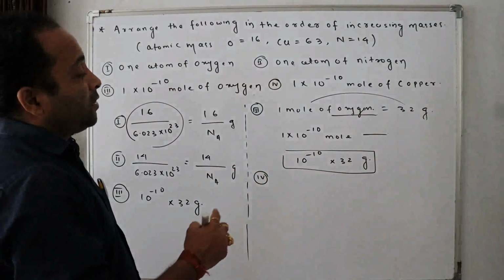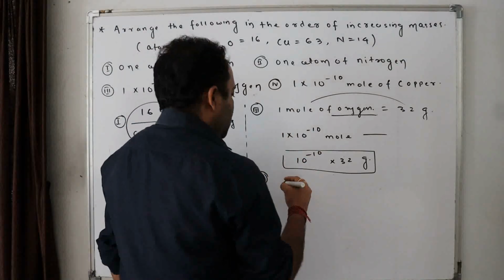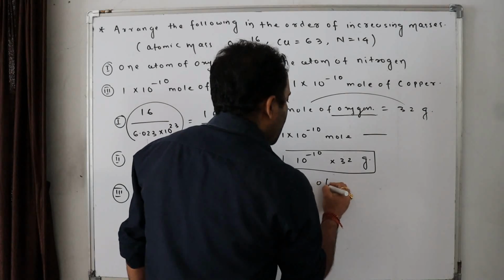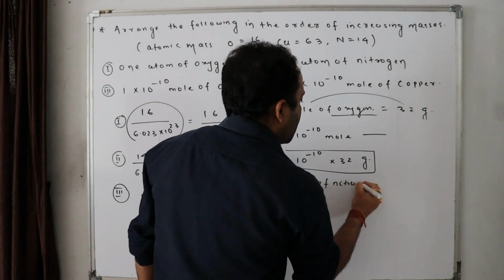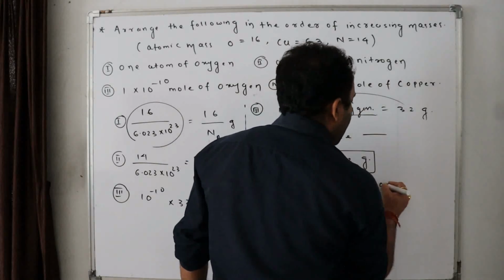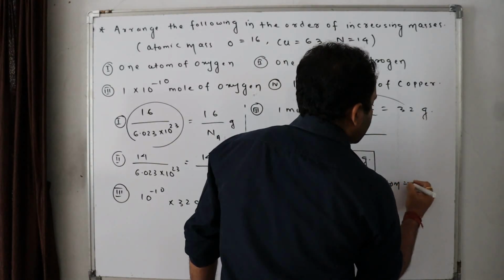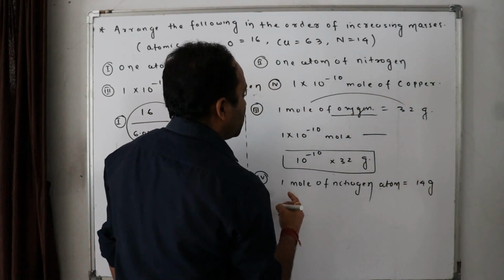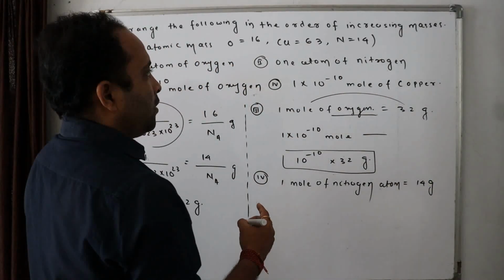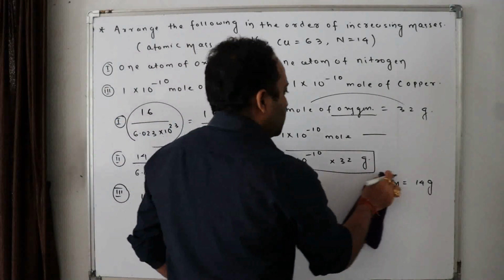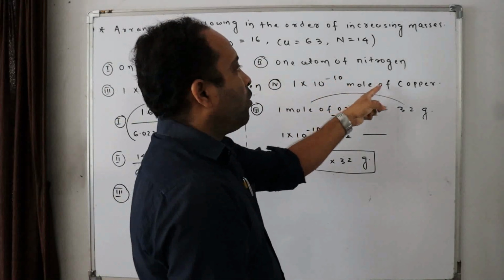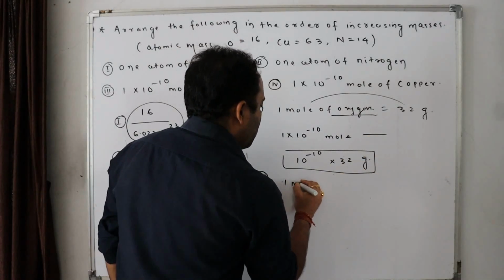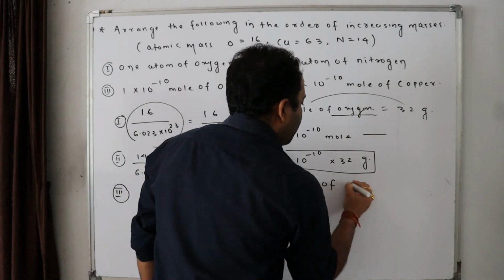Now, fourth case. Sorry, in the fourth option, they have given 1 into 10 to the minus 10 mole of copper. So 1 mole of copper.